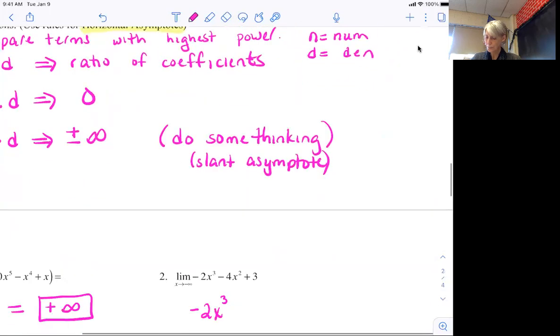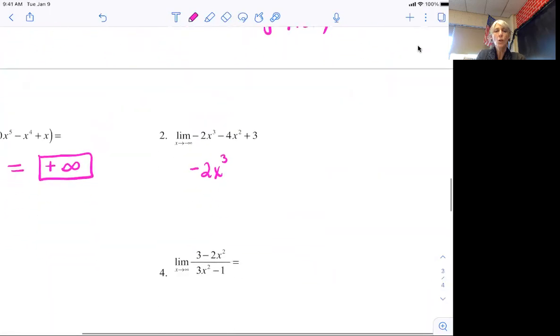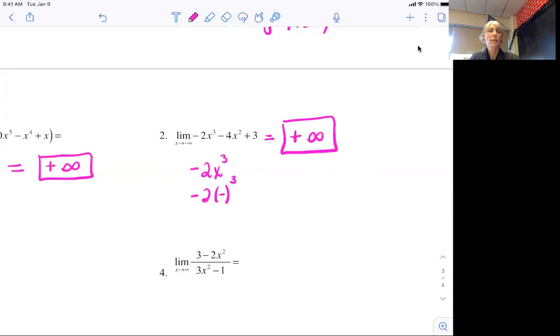Here's the thing. If you don't want to memorize the rules, here's where I say do some thinking. I'm evaluating negative infinity, so I want to know what's happening when I plug in some type of negative number. Negative cubed is negative, negative times a negative is positive. My answers are going to positive infinity. That's how easy this is.